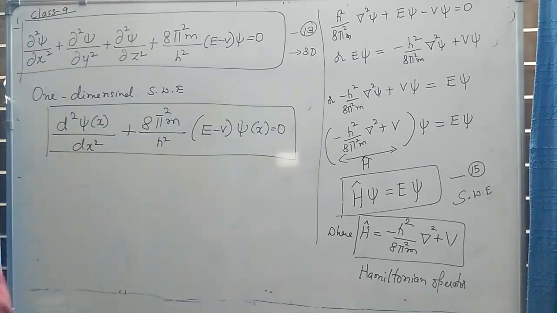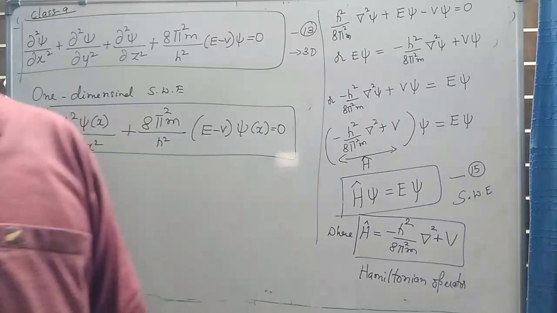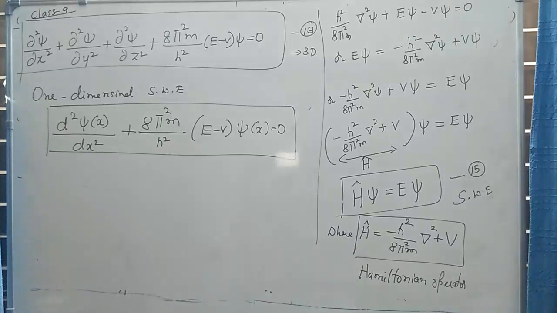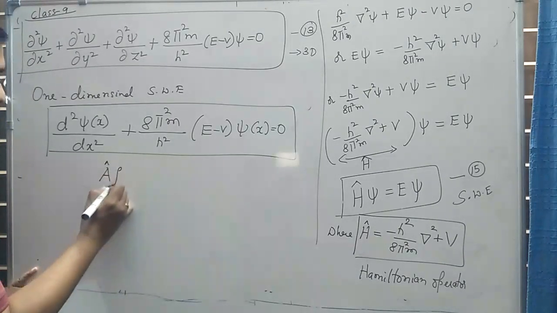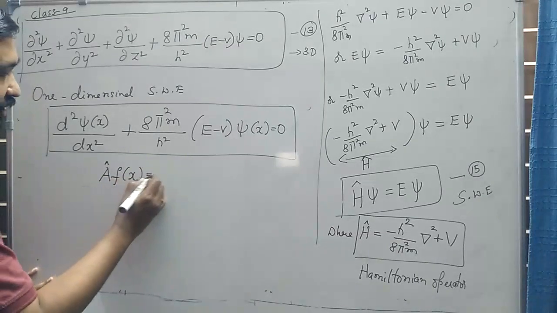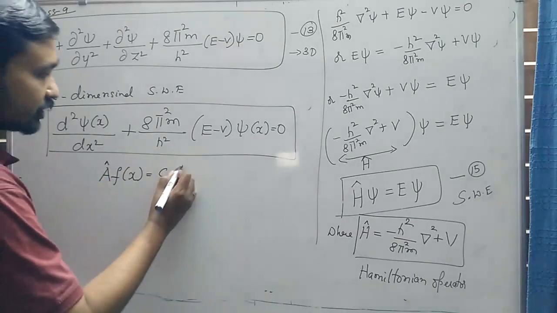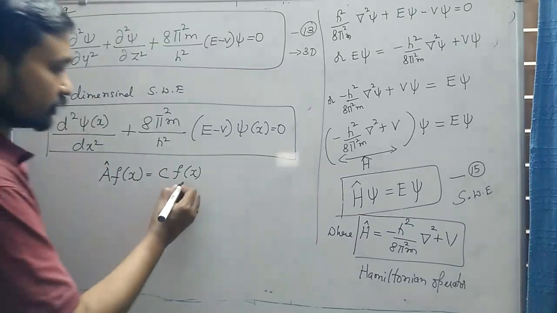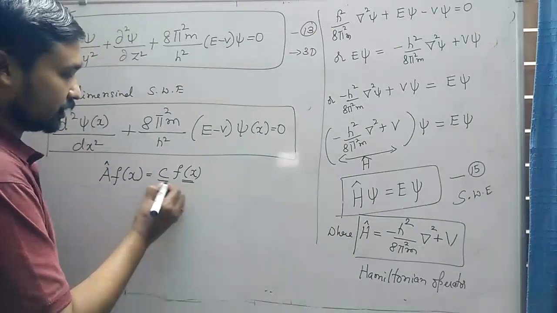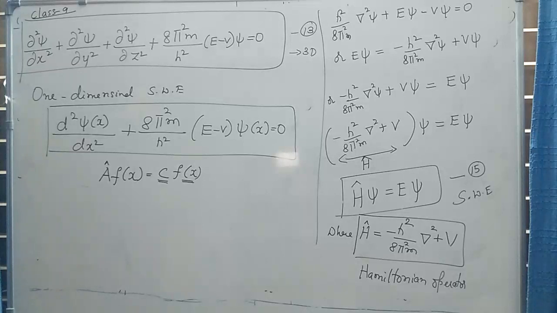If an operator A is applied on a function and the same function is obtained back multiplied by a constant, then that function is called an eigenfunction and the constant is called an eigenvalue. So operator A applied on the function f of x gives the same function f of x again multiplied by a constant. Then this function is called an eigenfunction, and the constant is called the eigenvalue.